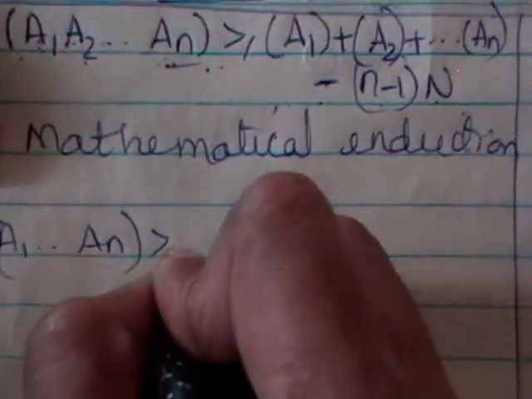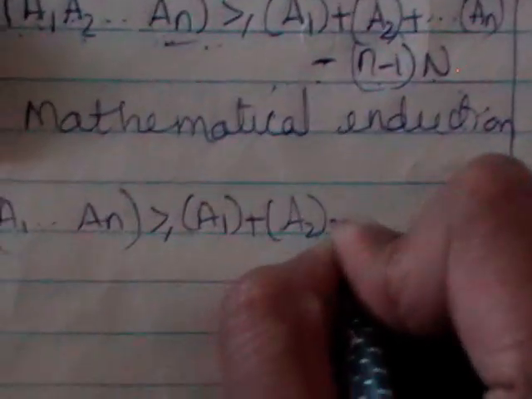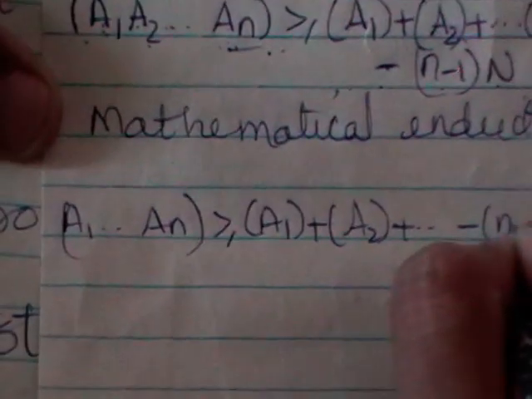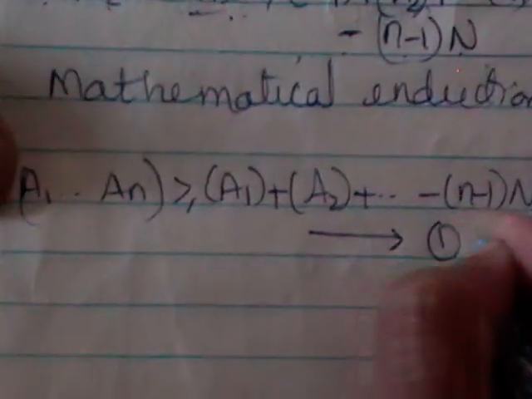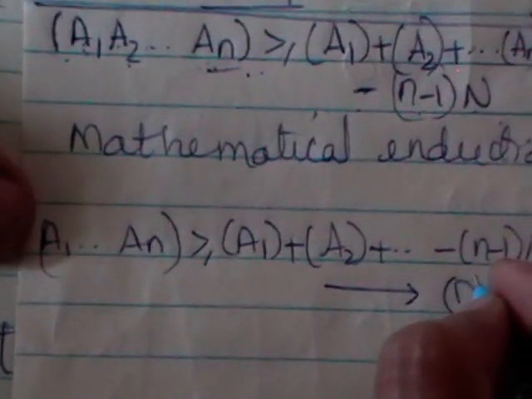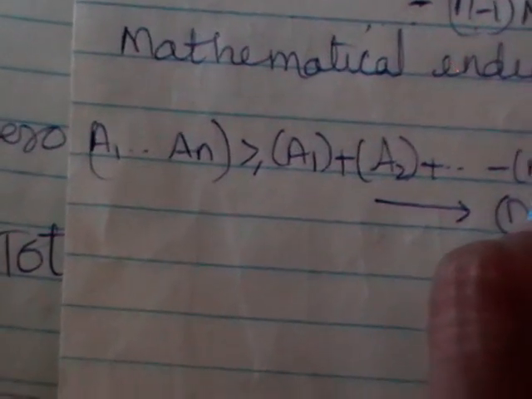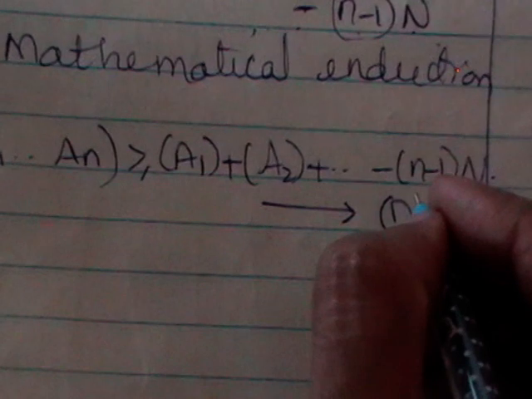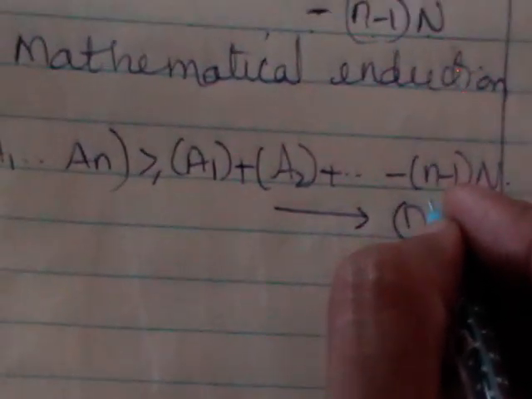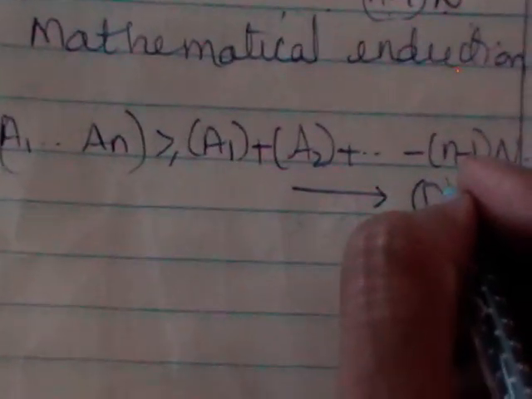Consider the statement as equation number 1: bracket A1 plus bracket A2 plus so on minus (n minus 1) into N. Take this as statement 1. If we can prove that statement 1 is true for n is equal to 2, and we assume it is true at n is equal to some integer r, and if we can prove that 1 is true at n is equal to r plus 1, the given statement is true for all the values of n.